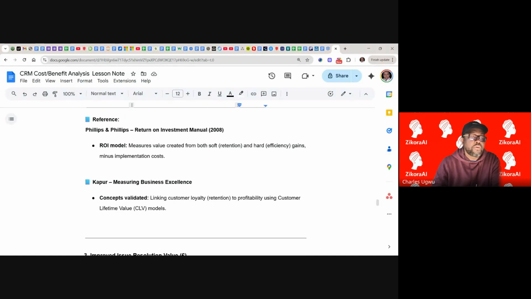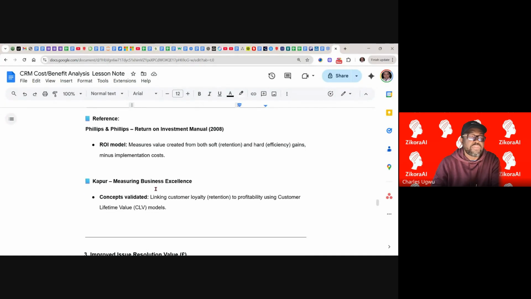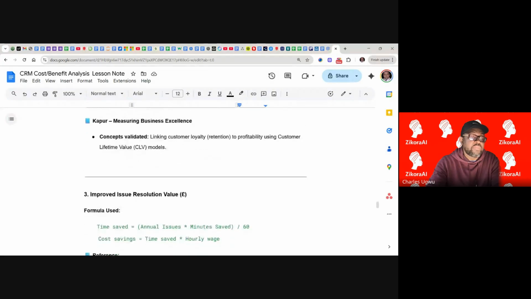CAPO, measuring management excellence, concept validation, linking customer loyalty, that is retention, to profitability using customer lifetime value. That is CLV. That's what we mean by customer CLV, customer lifetime value.